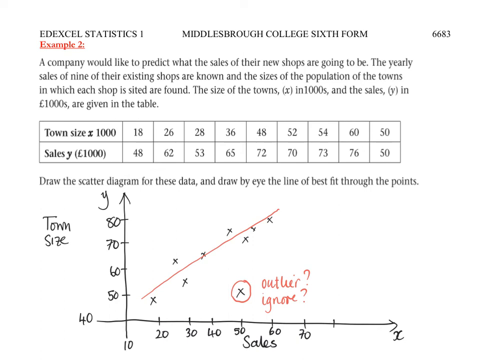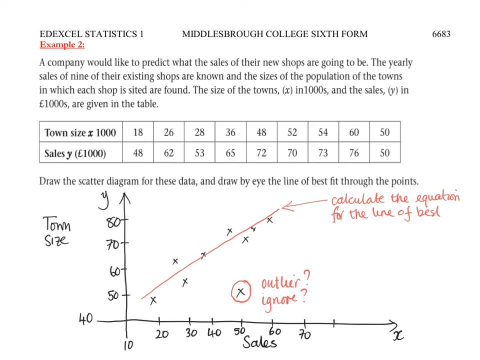So that should all be GCSE work for you, and what we need to be able to do, instead of drawing this line of best fit by eye, we're actually going to calculate the equation for the line of best fit.